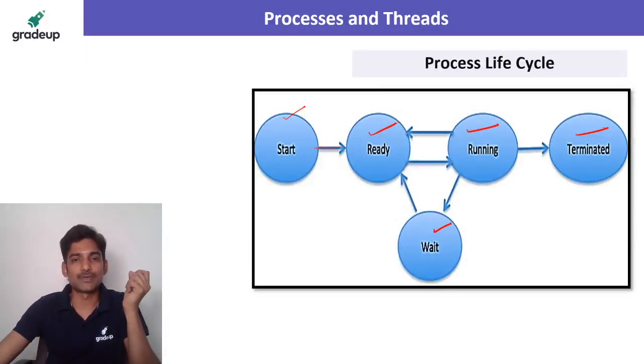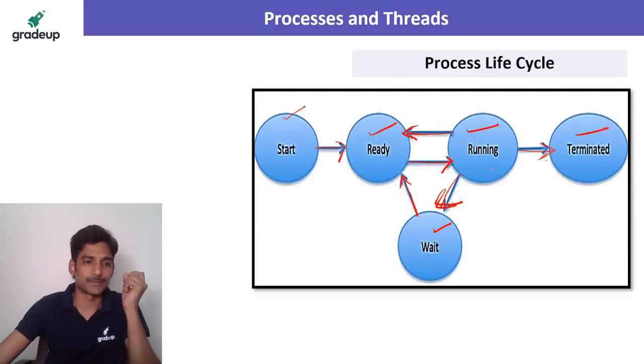Any new process will go from start to ready, then the ready process will go to running state, or it may be interrupted and come back to ready state, or if it is waiting for any IO action, then it will be sent to blocked state. Once the wait is over, it will be sent again to ready state. Once the process finishes its execution, it will be moved to terminated state.